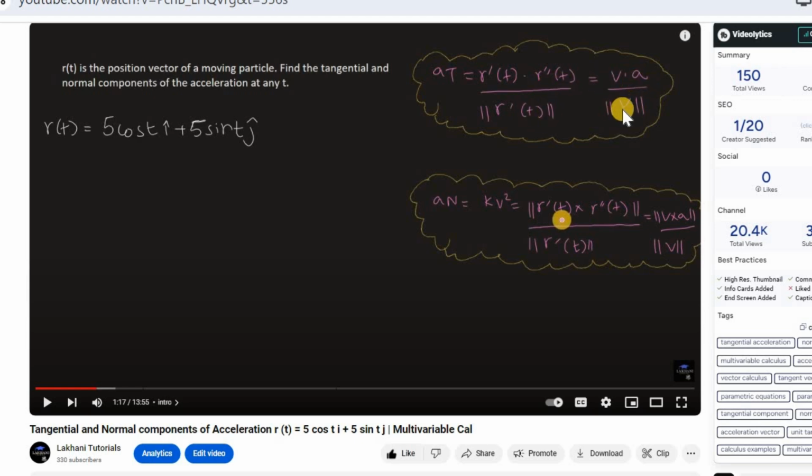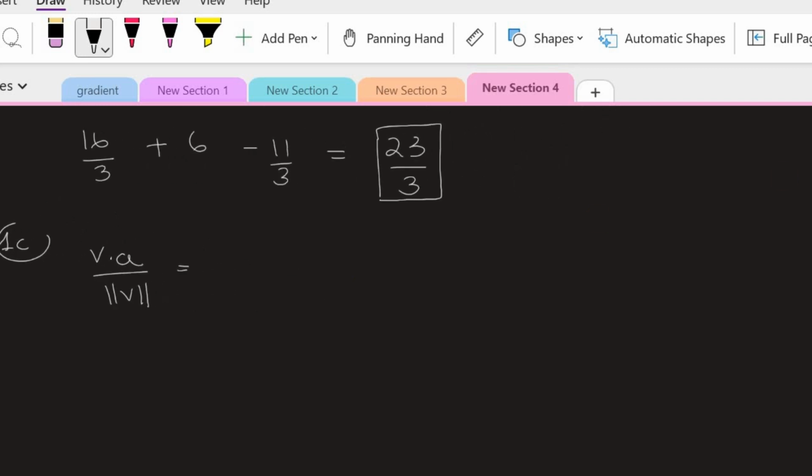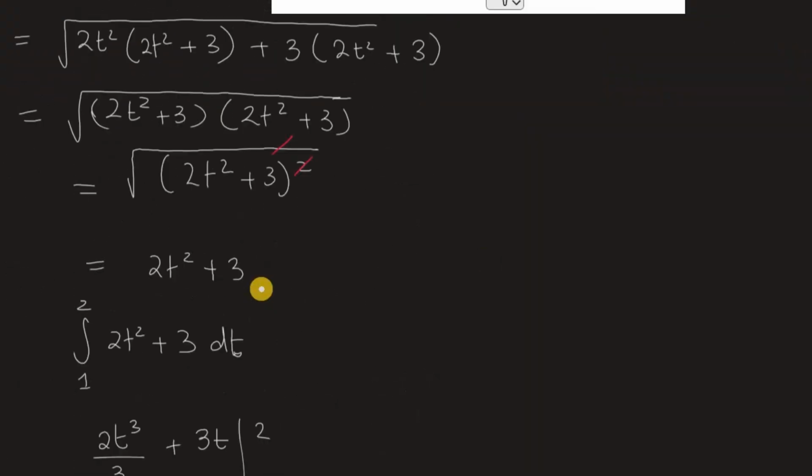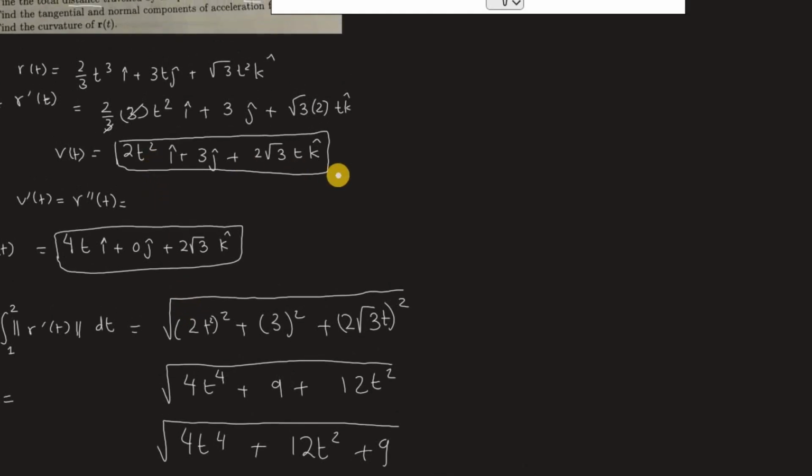So we're going to take this formula, v dot a over v, and let's find it. We already calculated for v. Okay, let's check it out. Where is it? So we're gonna scroll up and check out where is the v. So v is over here, we calculated over here, so let's pick it up from here.